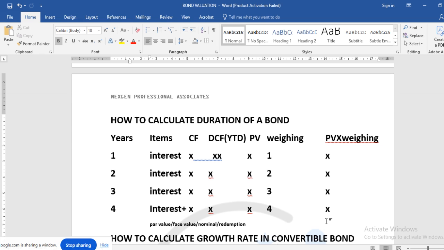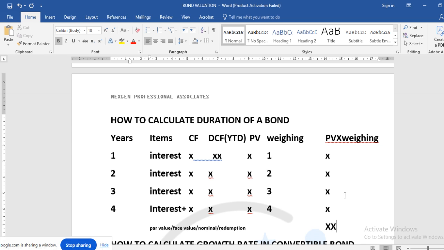At the end of the year, you will pay interest and principal. That is the redemption. So when you add this PV times weighing together, you have your total here, right? You have your total coming. So please, you will add your PV as well.